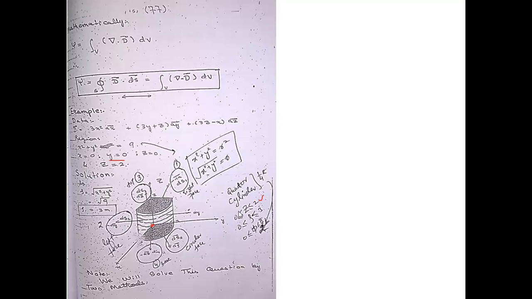These limits are in the cylindrical coordinate system, because rho, phi, and z are the coordinates of a cylinder. But the given expression for del dot D is in the rectangular coordinate system because of this x.